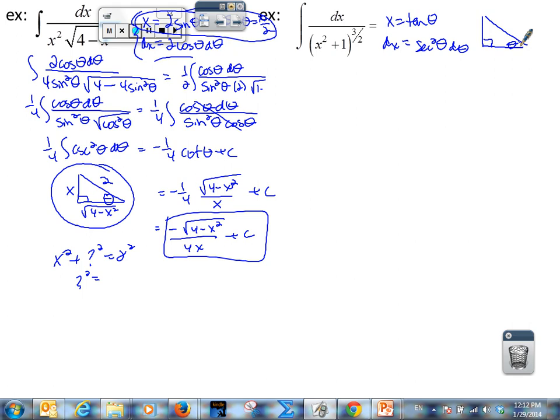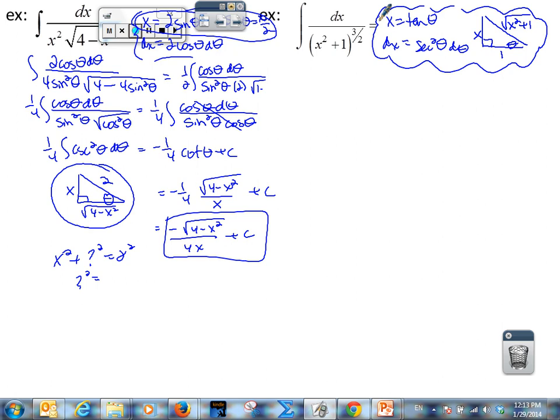We're already solved for tangent. So tangent is opposite over adjacent. So x over 1. We do Pythag to get the other side, and we get square root of x squared plus 1. So this is all the information that you're going to need to be able to do the problem. And I just usually put it in one place.